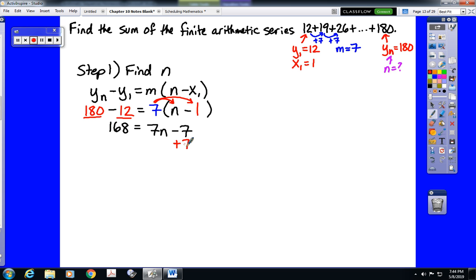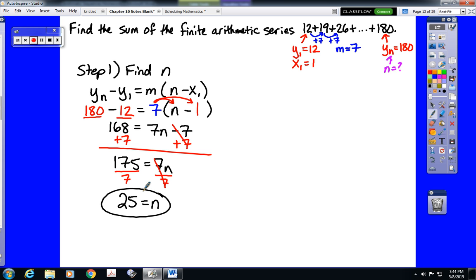So now we're going to add 7 to each side of the equation, which will give us that 175 equals 7n. That turns that into a one-step equation where we divide by 7. 175 divided by 7 tells us that n equals 25.